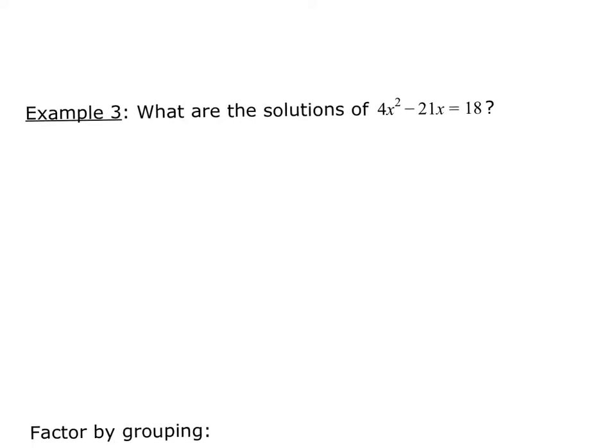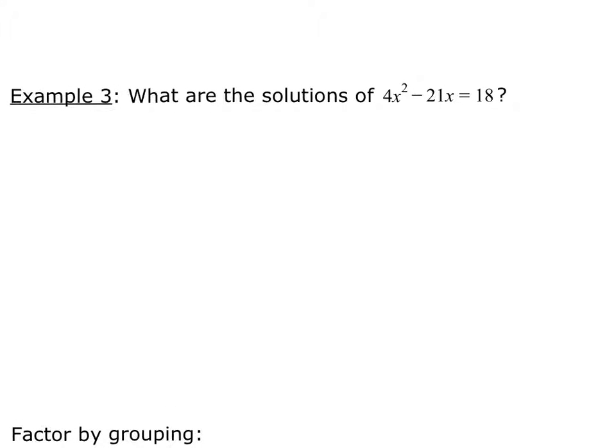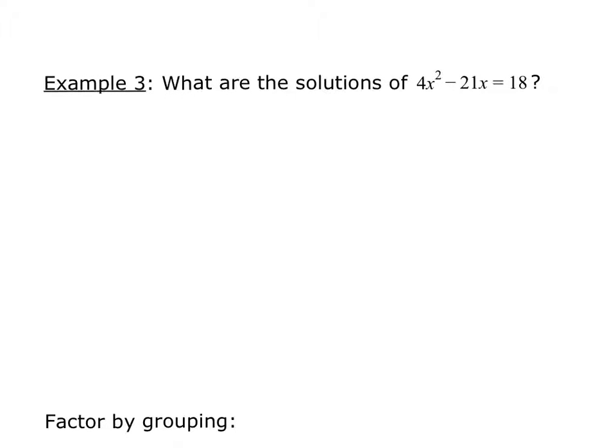Example 3 says, what are the solutions of 4x squared minus 21x equals 18?